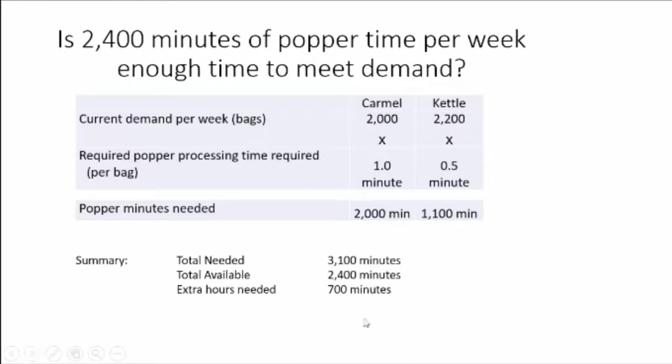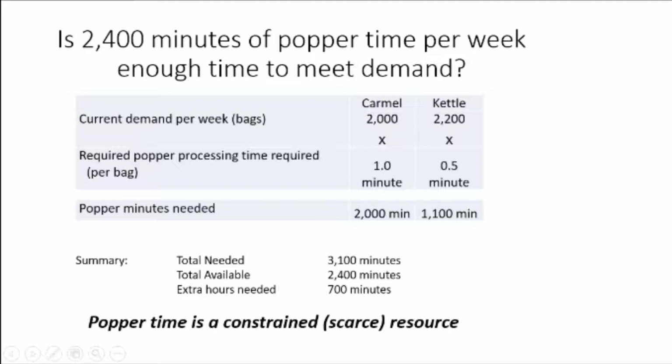So if we add these up, it's 3,100 minutes, but they only had 2,400. So you can see that they have a constrained resource. That's the popper time. They need an extra 700 minutes of time to meet the demand. So the business has identified popper time as a constrained or scarce resource.